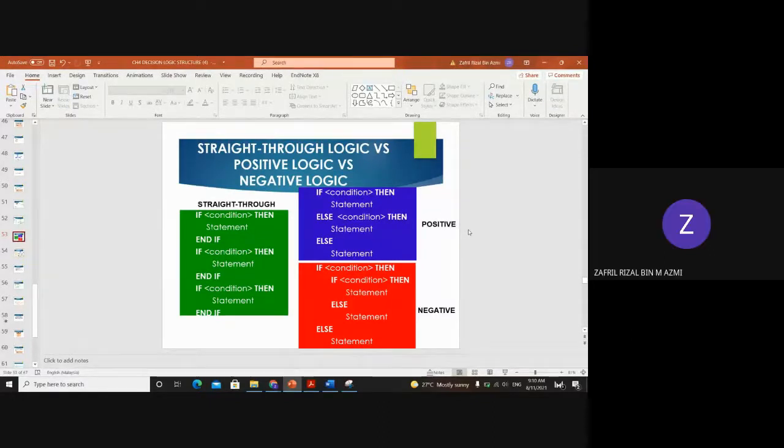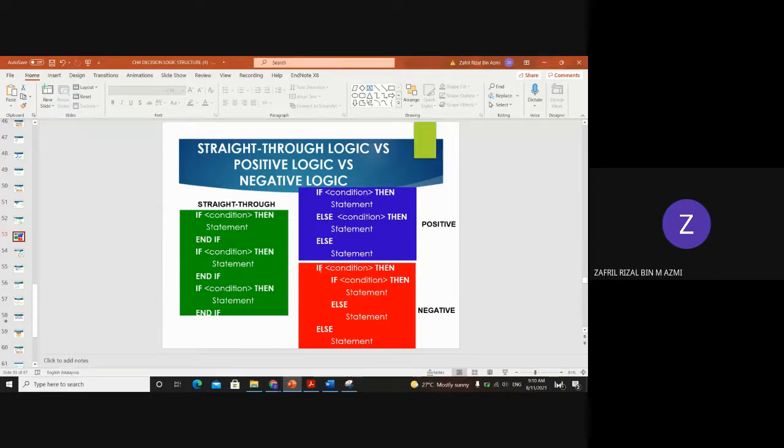It's similar with the negative logic structure in terms of the structure only, not the condition. In a negative, we have a decision inside of a decision. This is considered a nested class. So if you are using negative, actually you are complicating your design by using nested.